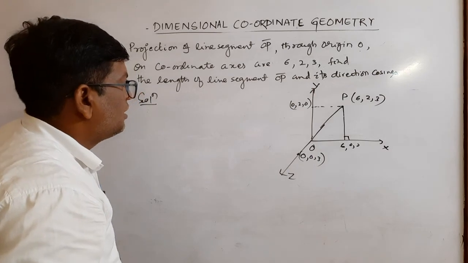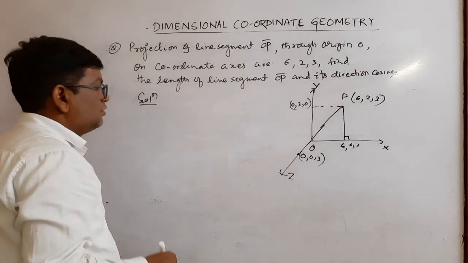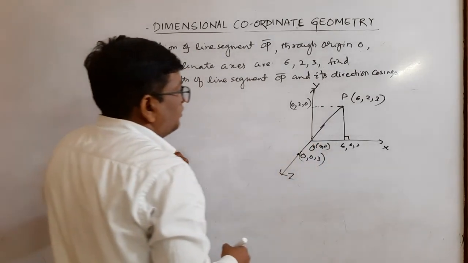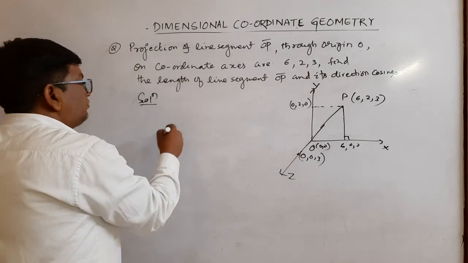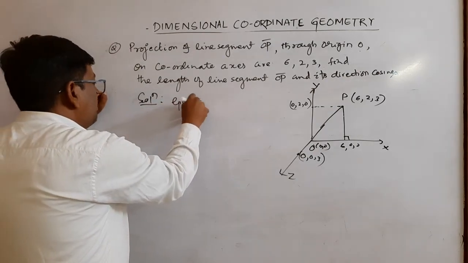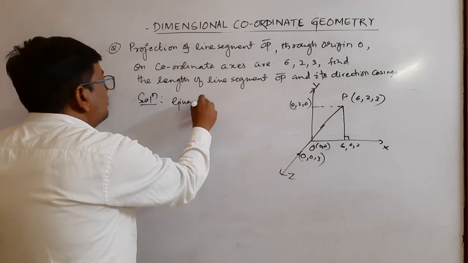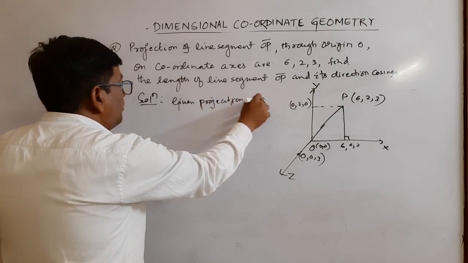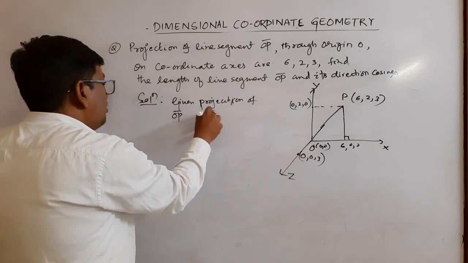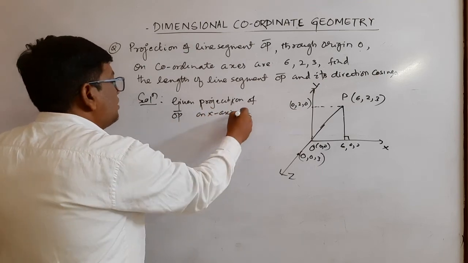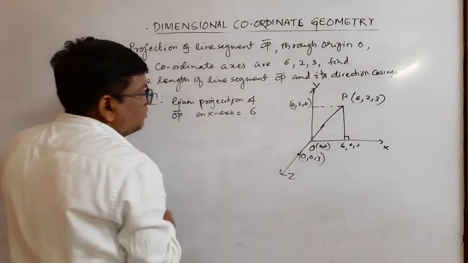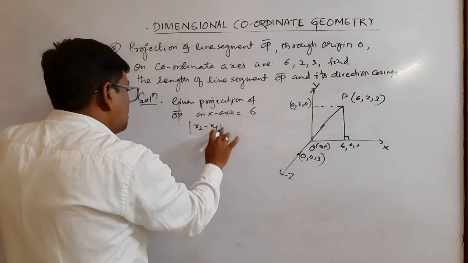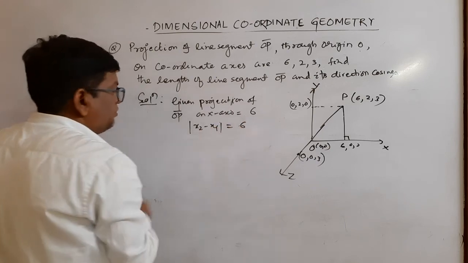Okay. So for the projection of the line segment upon x axis, this is the point 0, 0, 0. Given the projection of OP on x axis is 6, that is mode of x2 minus x1 is equal to 6.